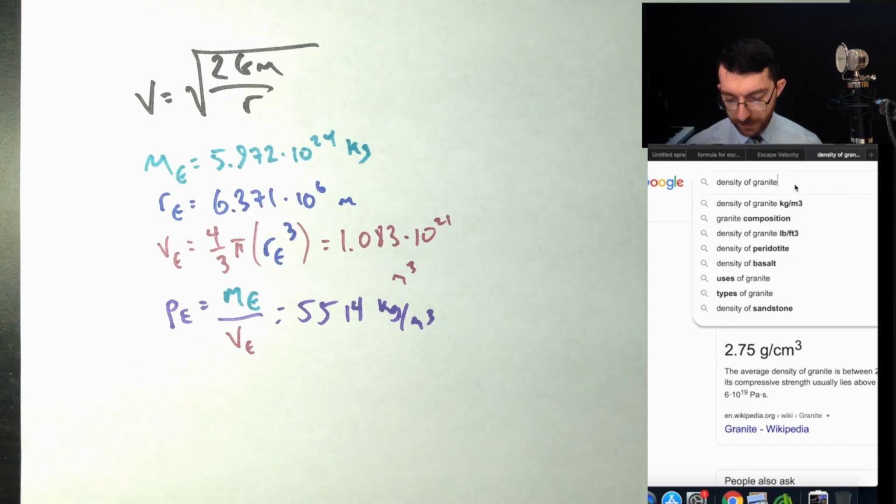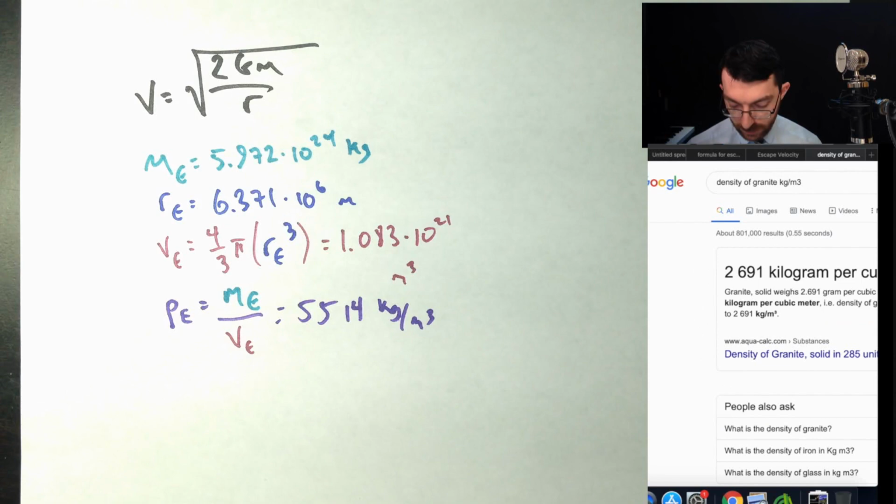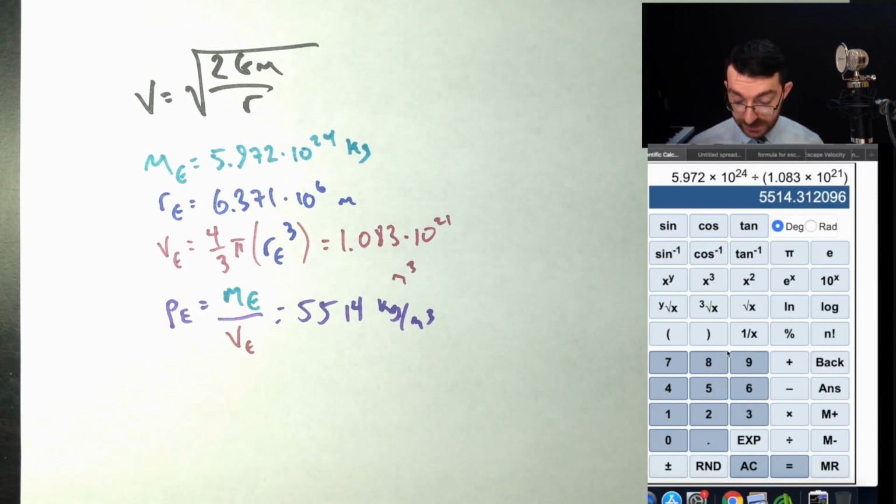Huh. About half that, in kilograms per meter cubed. Interesting. Just curious about that. Granite is the most common rock that the crust is made out of. Anyway, the density of the Earth can't just be attributed to granite then.